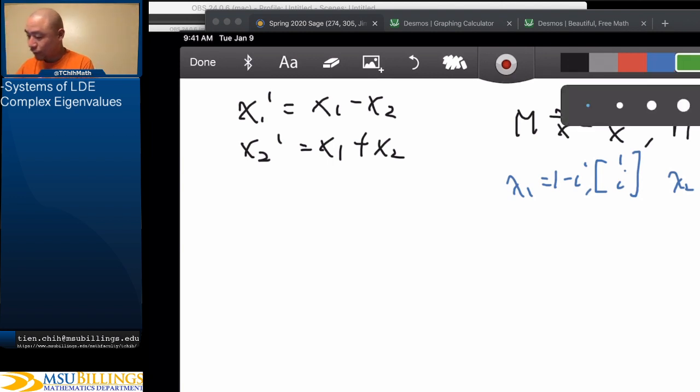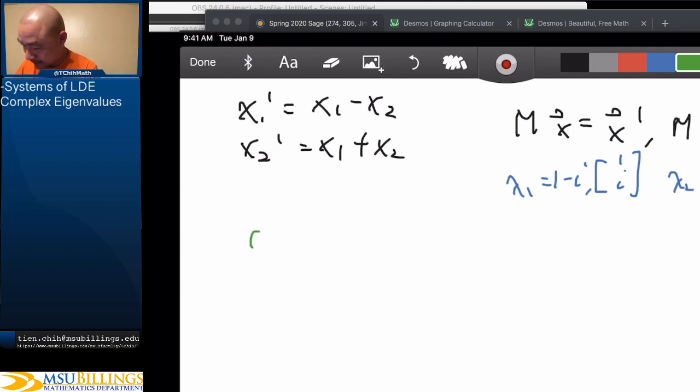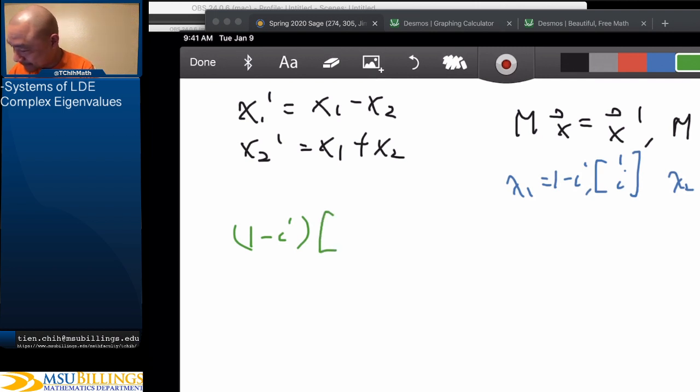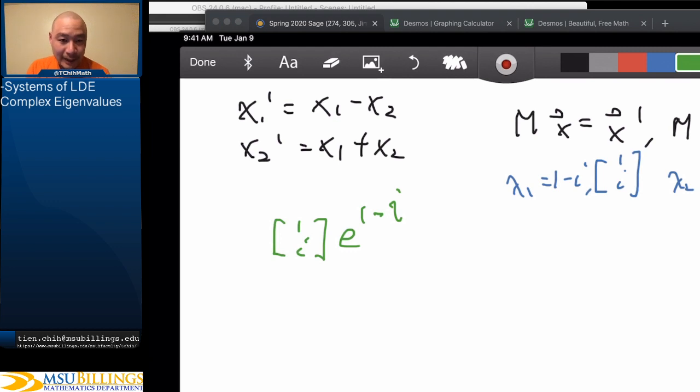One of our solutions would be something of the form, it'll be the vector 1, i times e to the quantity 1 minus i, times t.